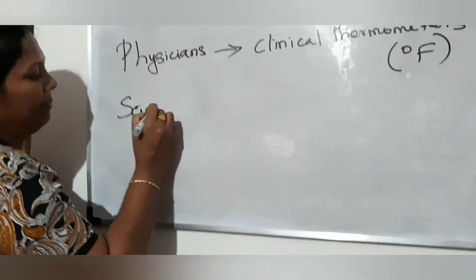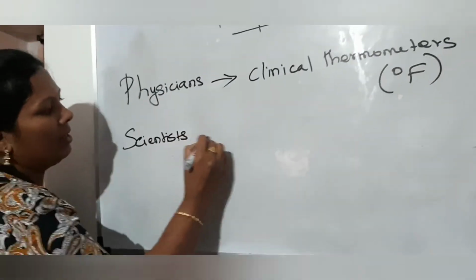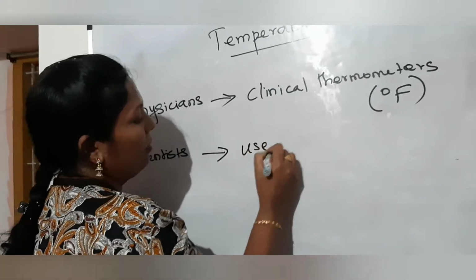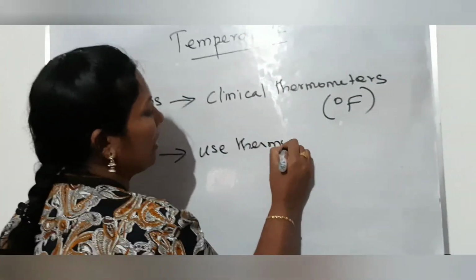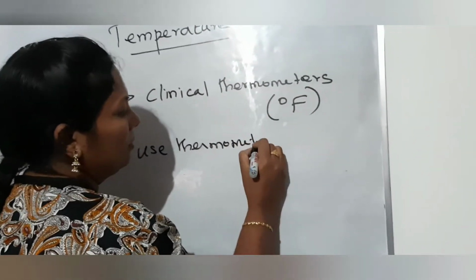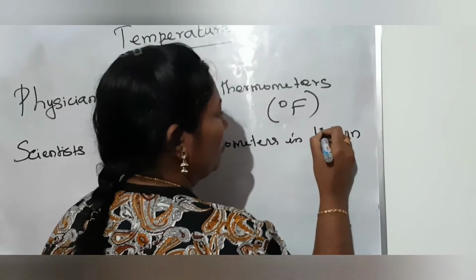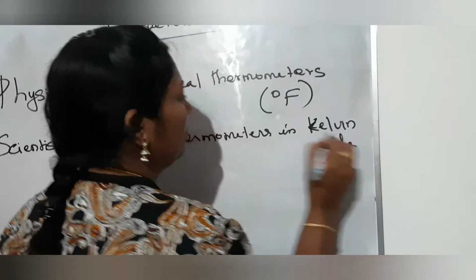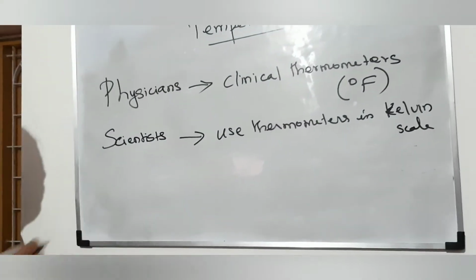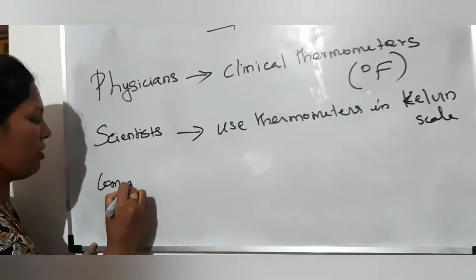Scientists use thermometers in the Kelvin scale. The next is common measurements.